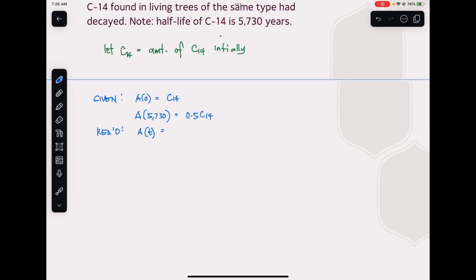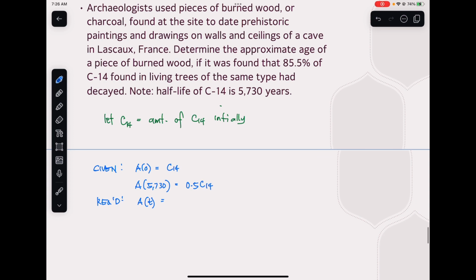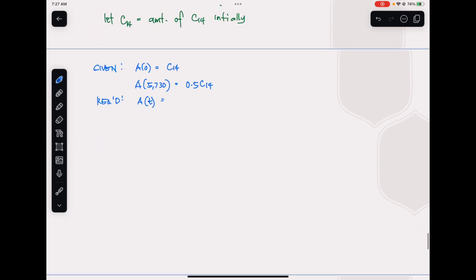So if 85.5% dissipated, only 14.5% remains. So that means that is 0.145 of C14.